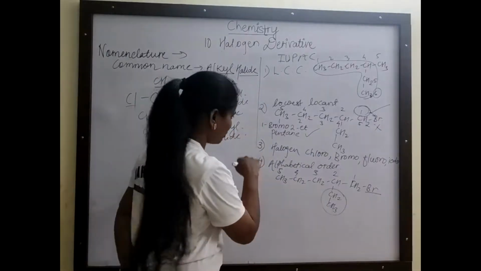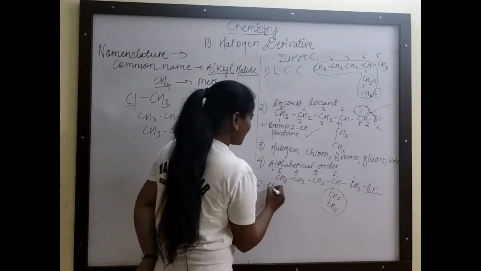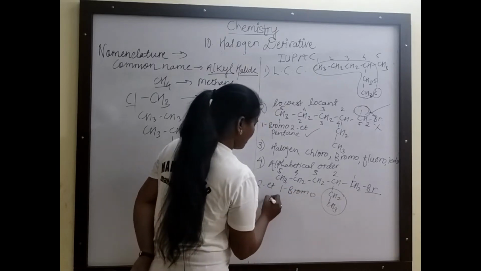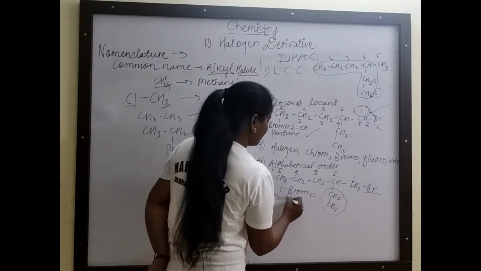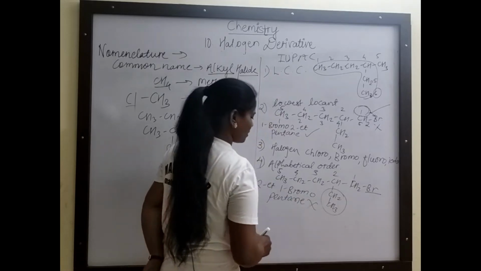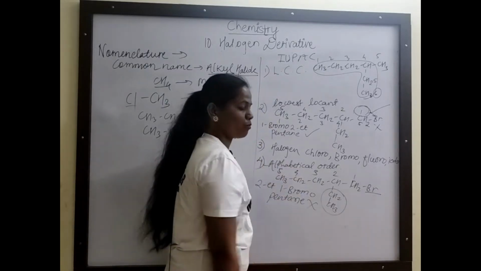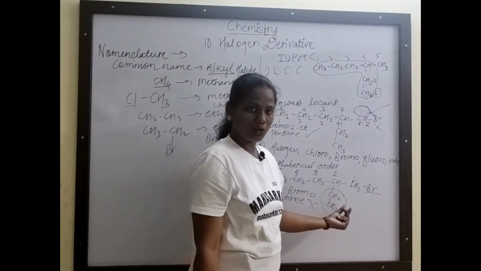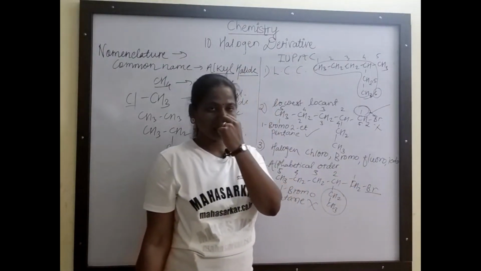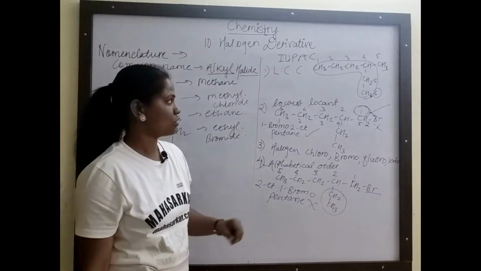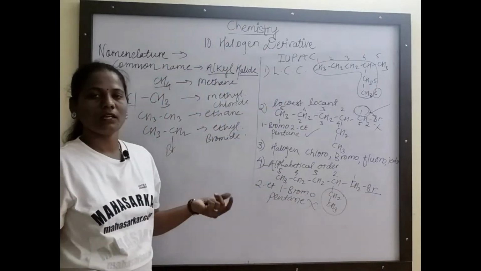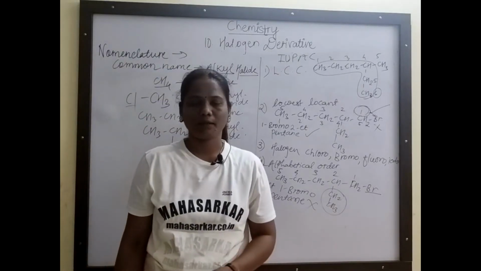And if you have written the name 2-ethyl, 1-bromo, pentane, then this will be the wrong name. Why? According to the fourth rule, we have to arrange the side chain, the alkyl groups and the halogen atom in the alphabetical order. So these are the rules of IUPAC name and the common names. Then we'll see some examples.